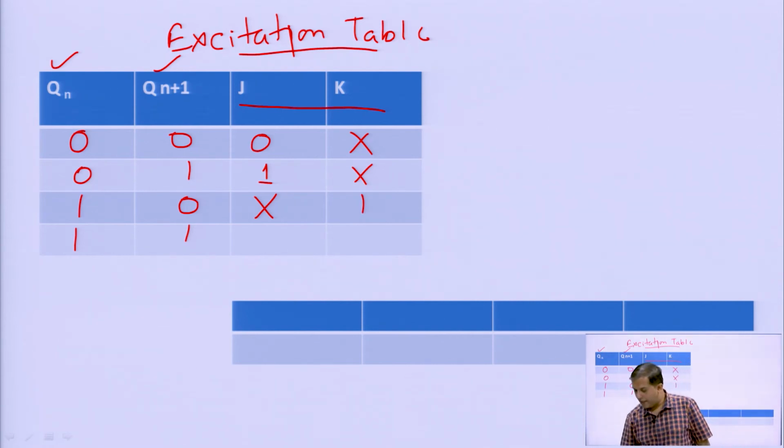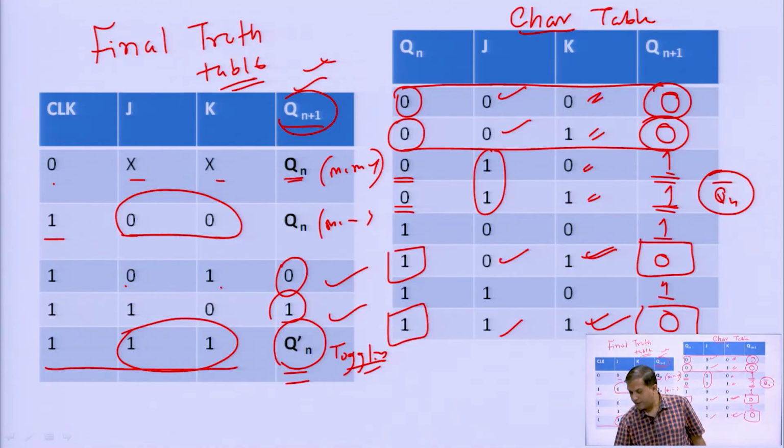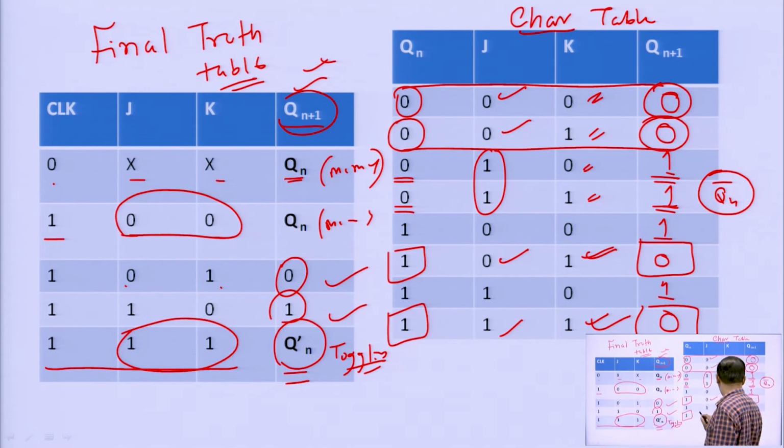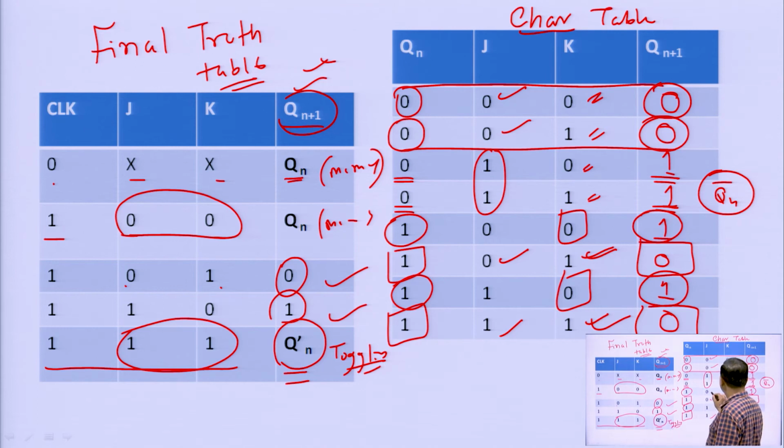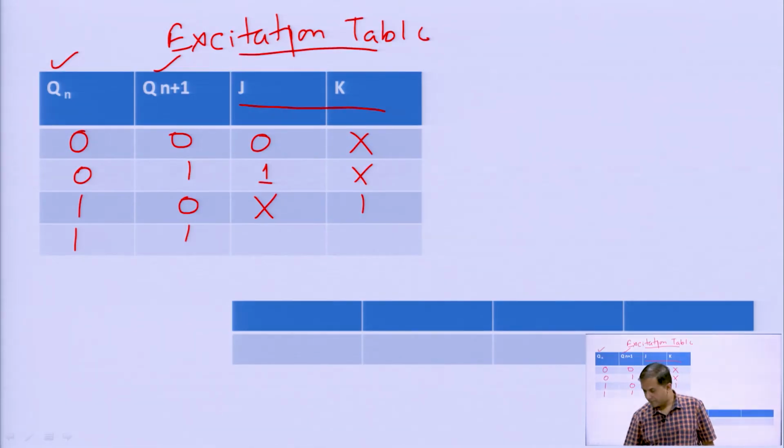And the last case, 1 1. When both are 1, Q n = 1 and Q n+1 also 1, both the cases K value is 0, but J is changing. So, we can write J is changing and K is 0.